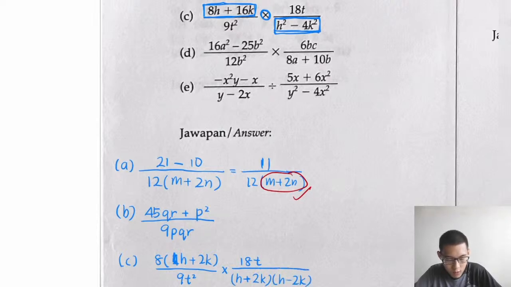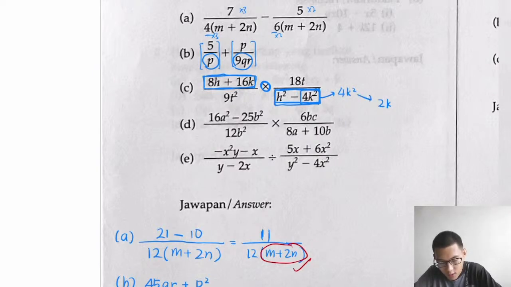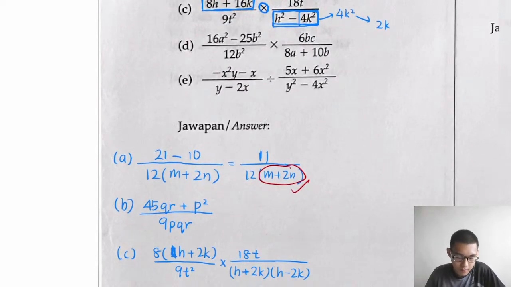Why do we have 2k? Because here this one, the perfect square of 4k squared, when you square root it, we have 2k. So this one is 2k.